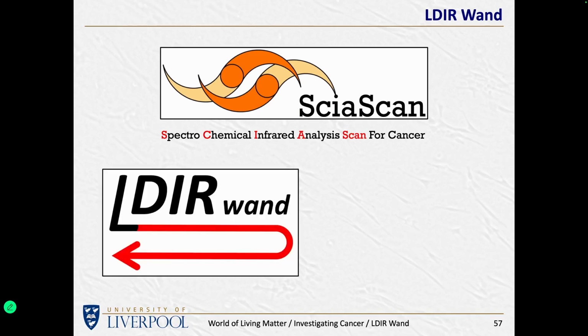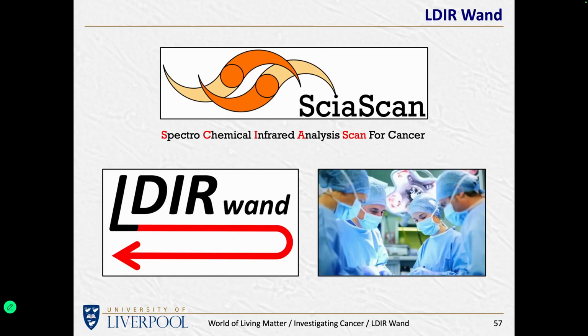We're developing a device, a medical device, which we hope one day will end up in the hands of surgeons, such that they will be able to take this laser-based device with infrared lasers and will be able to, for instance, whilst they're excising perhaps a tumour from a patient, wave the wand over the tissue that's been left, and they'll be able to tell, because the wand will go beep or flash red or flash green, and will be able to tell the surgeon, yep, the tissue that you've left behind is not going to transform to cancer. In other words, you've caught all of it.